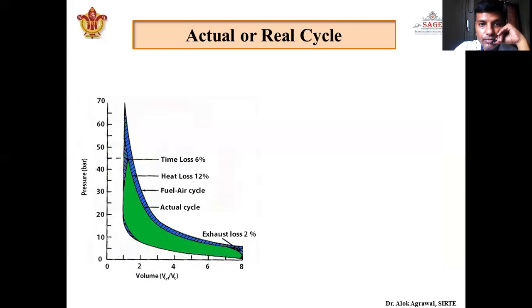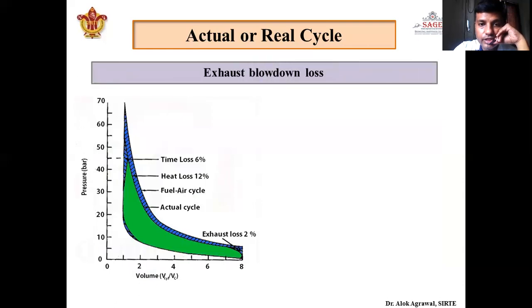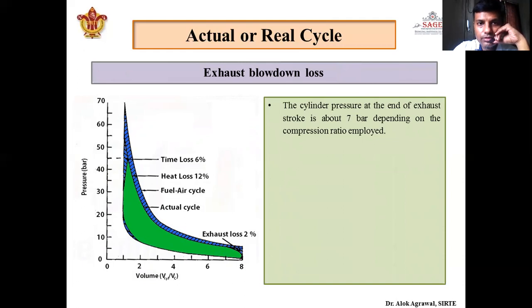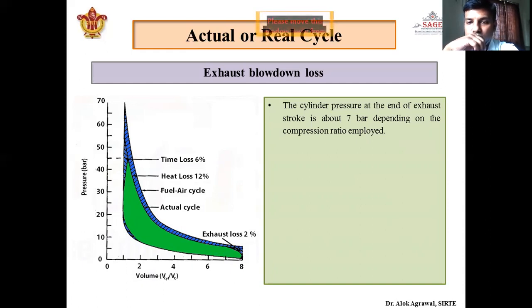Okay. Now the last one is exhaust blowdown loss. It is seen that at the time of expansion stroke, as we have seen in the valve timing diagram, before the end of the expansion stroke we open our exhaust valve.